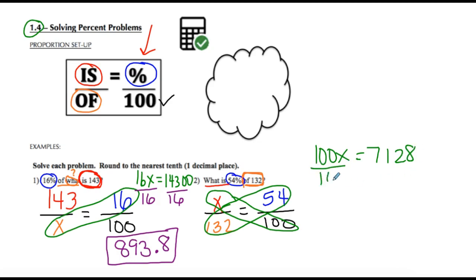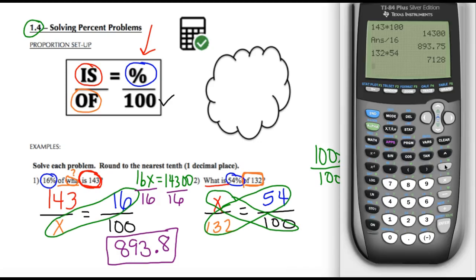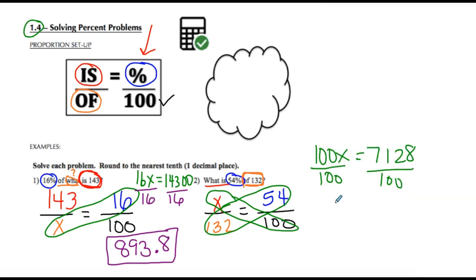Now I divide by 100, and I get 71.28. So if it's 71.28, this 8 makes my 2 go up, so that would be 71.3 as my final answer.